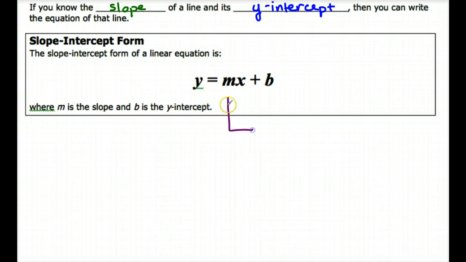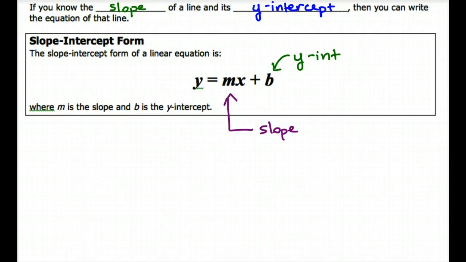That m is the coefficient on x, and whatever that number m is, that's going to tell you the slope of the line. So the m value is the slope of the line, and then we have this b value here. That b value actually tells you what the y-intercept of the line is. Okay, so if you have an equation in y equals mx plus b form, m will tell you the slope and b will tell you the y-intercept.